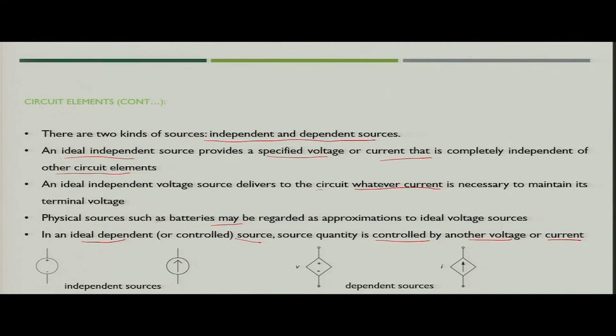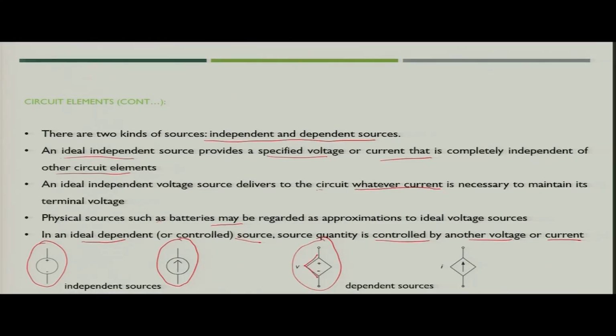There are certain symbols specified for those sources. In case of independent sources, this is the general convention followed for an ideal voltage source, that is a DC voltage source. An ideal current source is represented by this symbol. When you see the dependent sources, you will see voltage is represented like this.